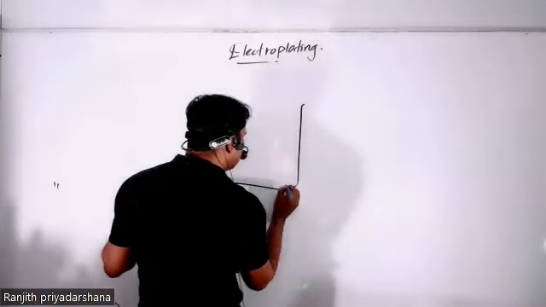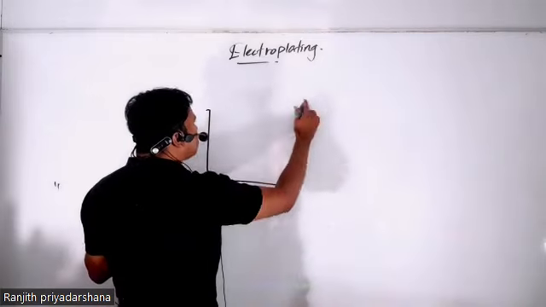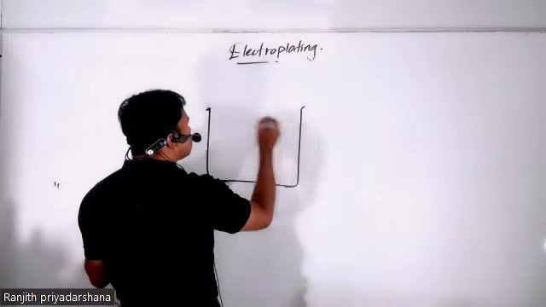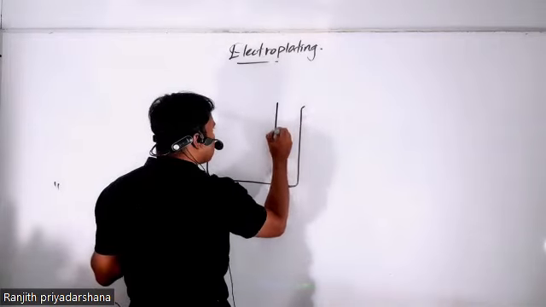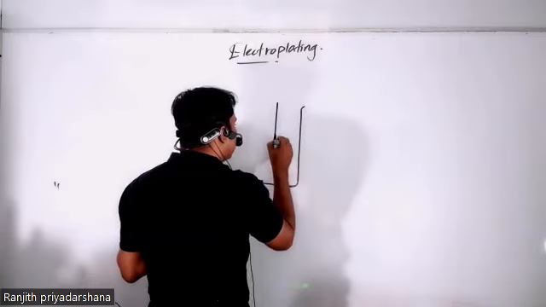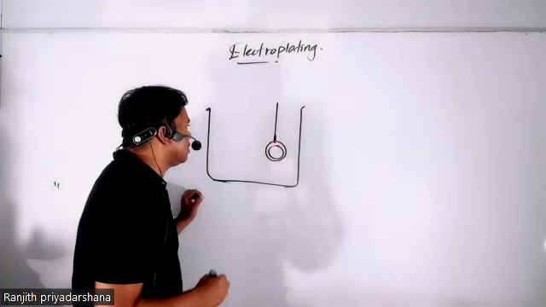Now tell me, the object to be plated, is it connected to the anode or the cathode? Imagine that's an iron ring.